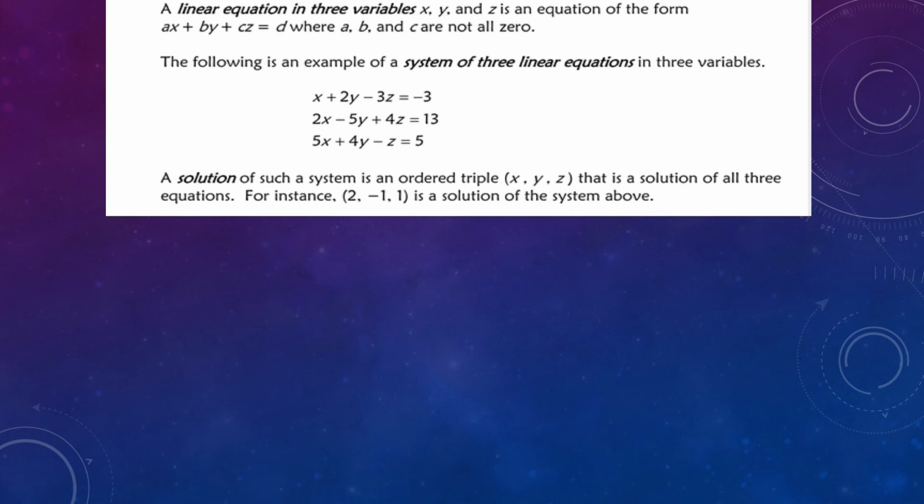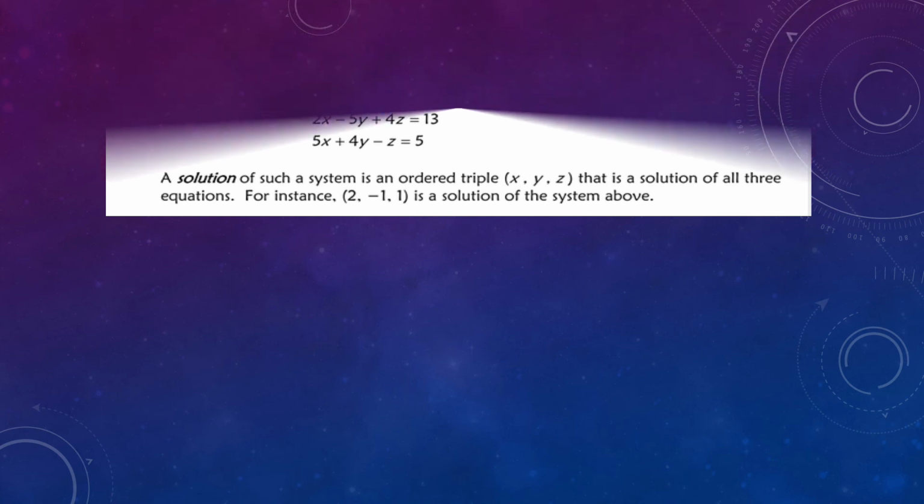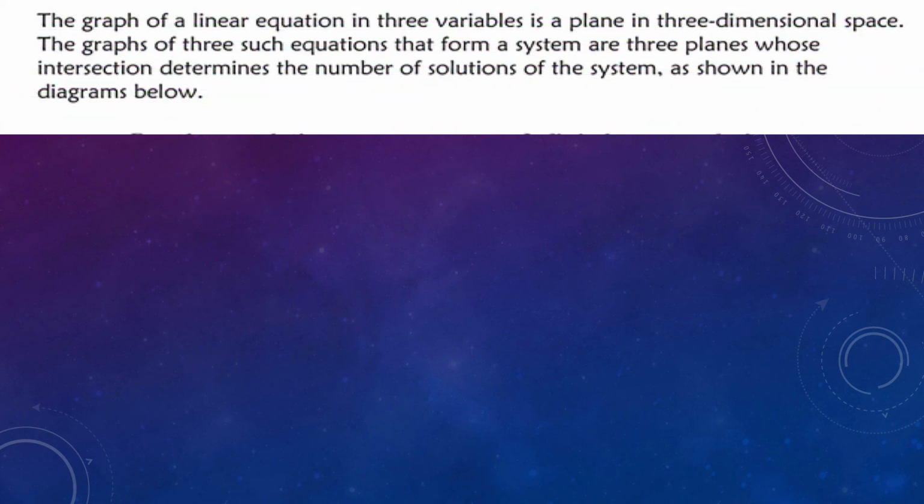If you solve it, you'll get a solution x, y, and z, which is 2, negative 1, and 1. So this system has only one solution. It doesn't mean that every system of three linear equations will have one solution. Let's look at others.